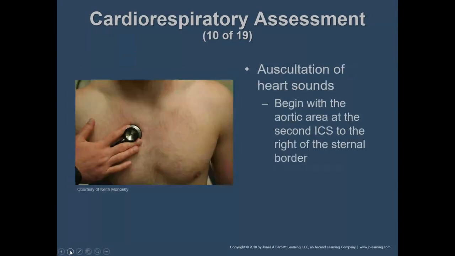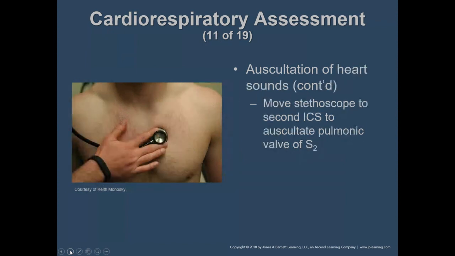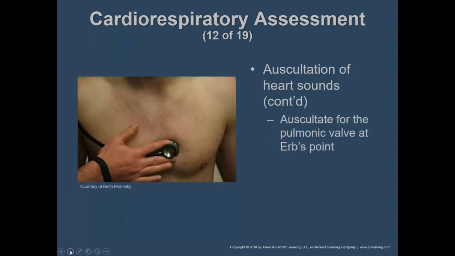So anyway, when we auscultate the heart sounds, make sure that you know what intercostal space you're listening for, and what you're likely to hear. If you're not that good with murmurs and that sort of thing, there are a lot of resources online that you should probably listen to.